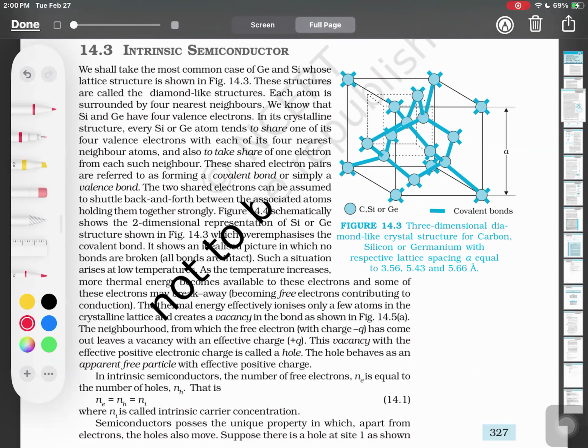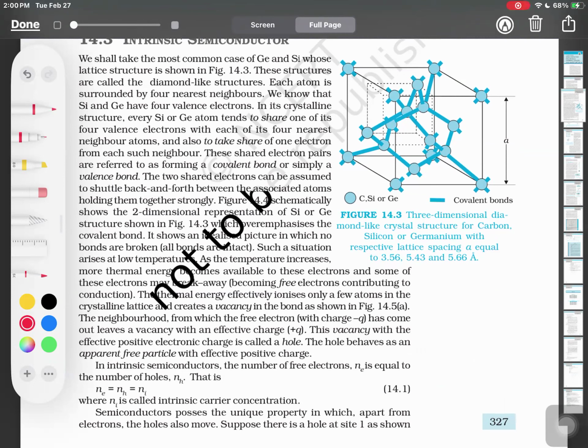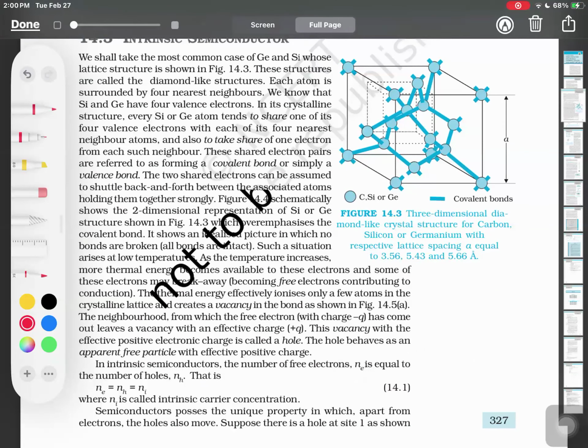The first option is: increases exponentially with increase in band gap.